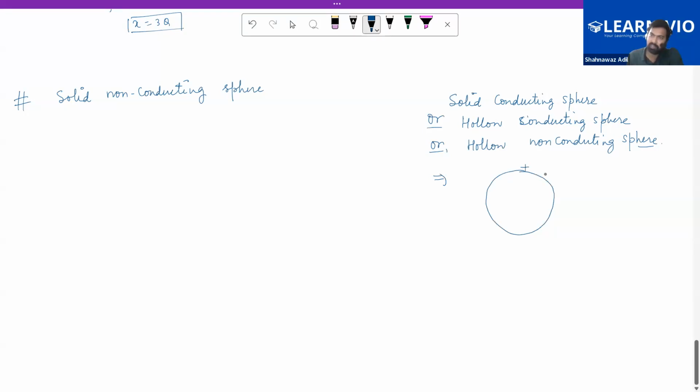This is the example of a hollow conducting or hollow non-conducting sphere, right? So how many regions do we have? Because this thing you have already done, I will take the analogy in this one.